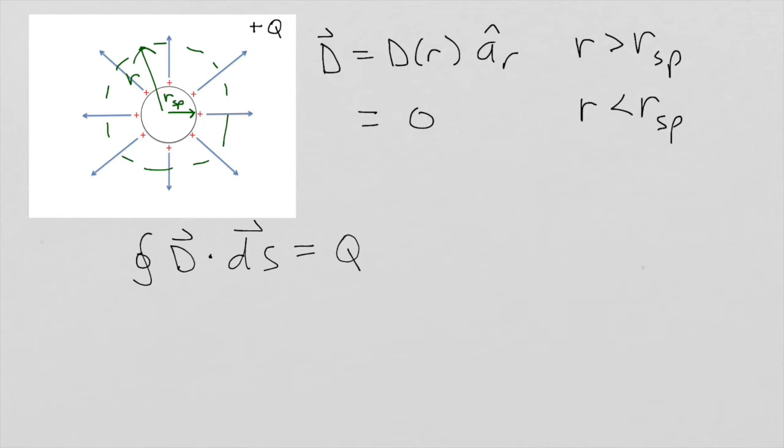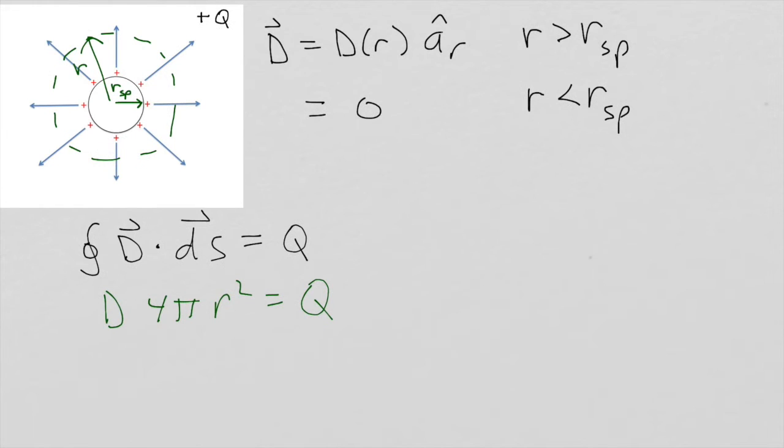The integral of D dot dS around that sphere will be D times 4 pi r squared, where 4 pi r squared is the surface area of that sphere, and that's equal to the charge enclosed, the charge Q on our Van de Graaff generator. So our electric flux density field D is equal to Q over 4 pi r squared in the radial direction.